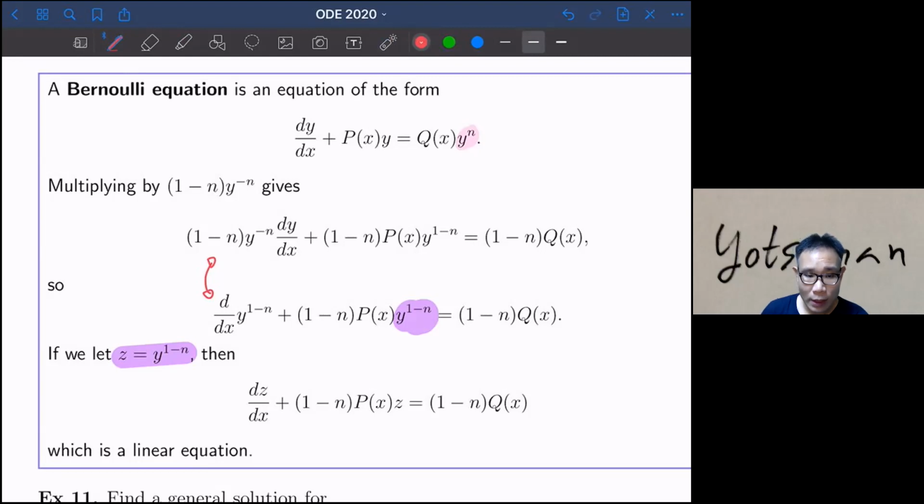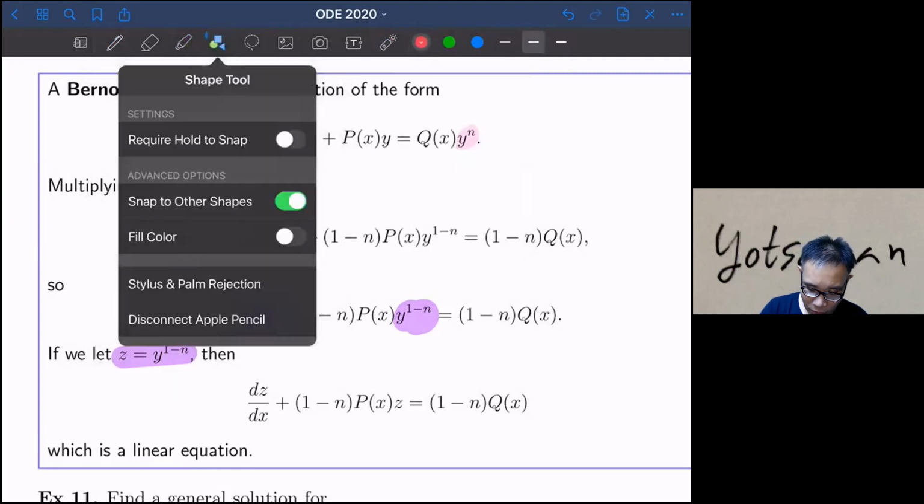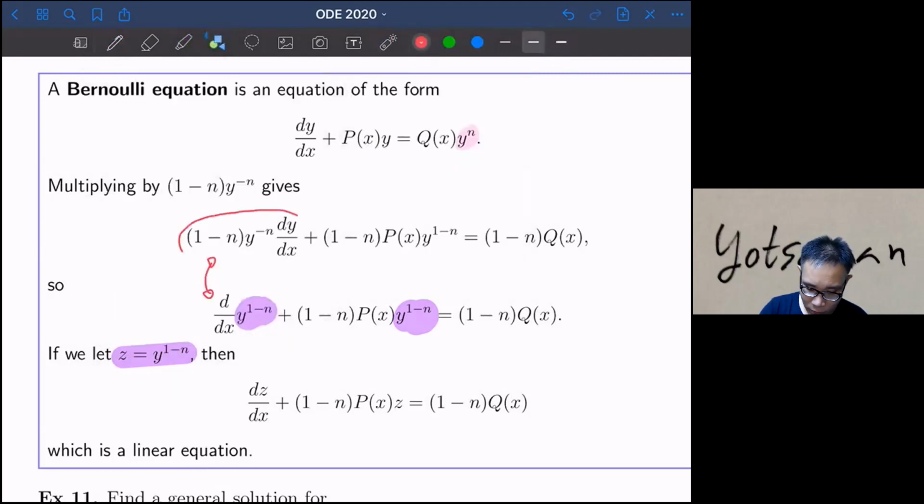This one is going to be d/dx of y to the 1 minus n, and let me circle this term. So this term and this term turn out to be identical, okay? And you have (1 minus n) Q(x).